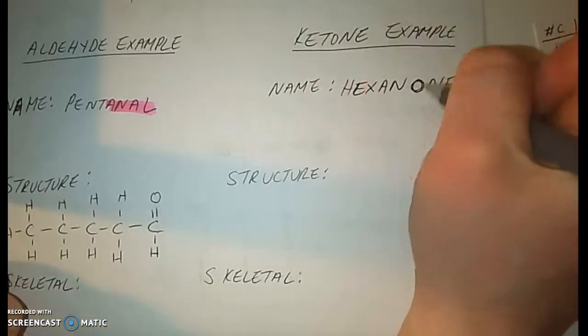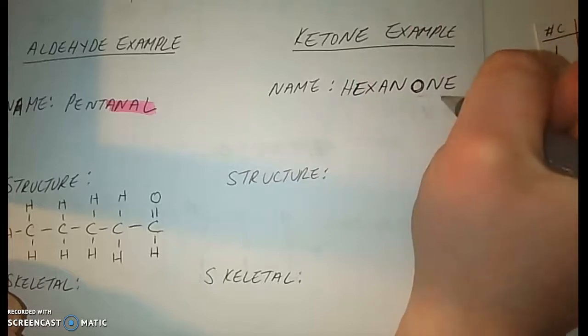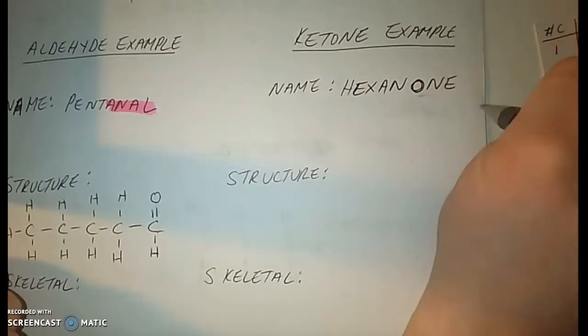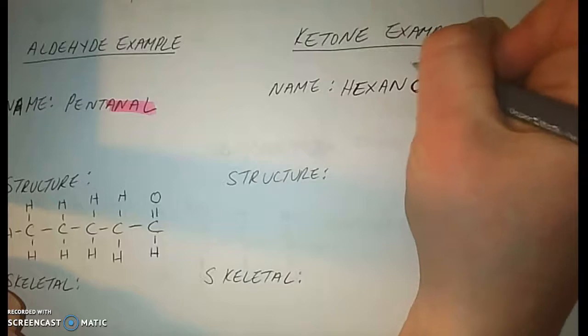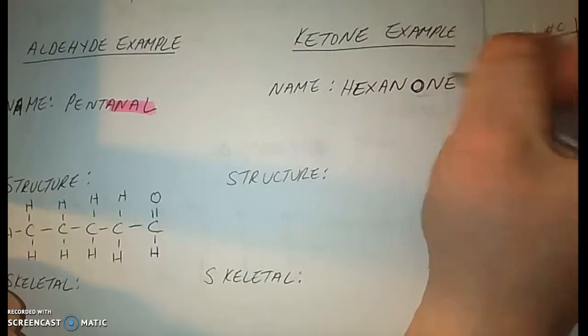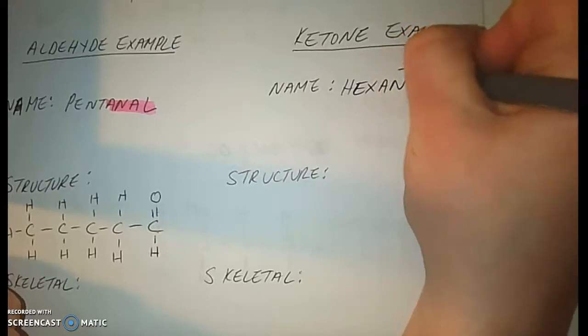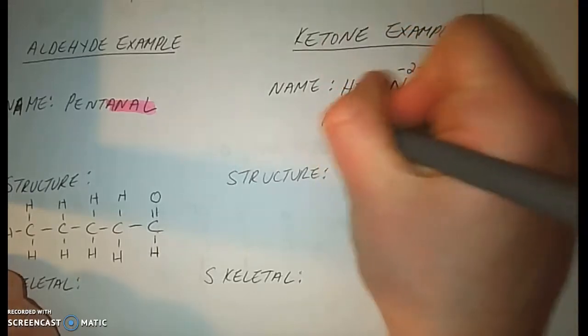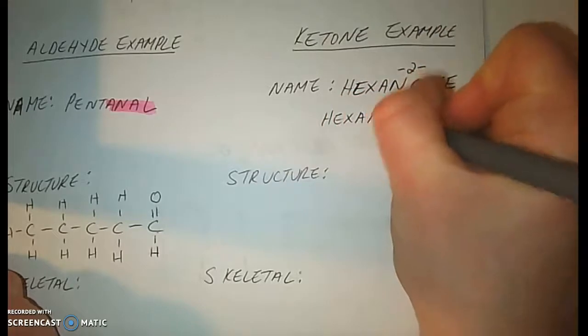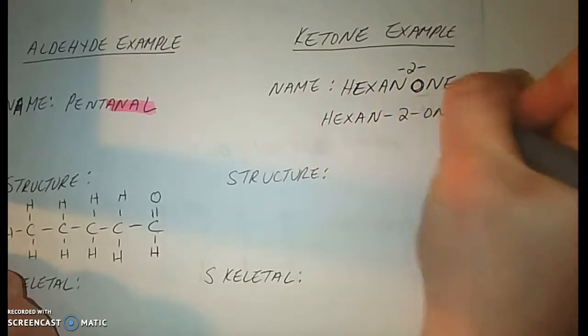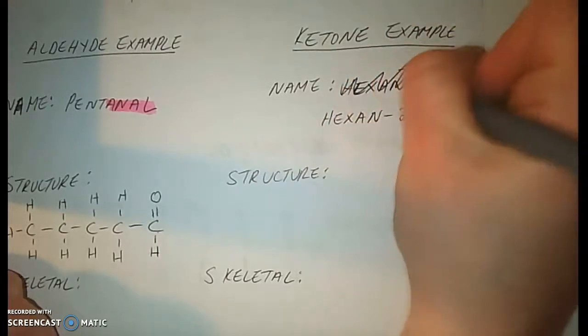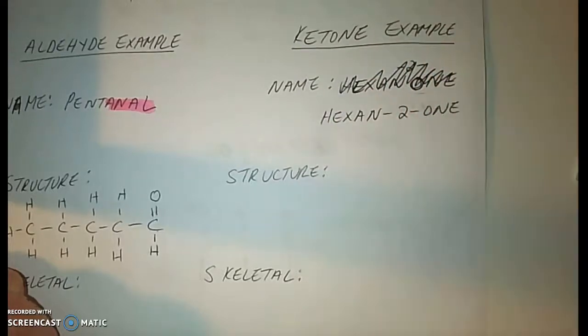So I can't put my ketone group on carbon 1 or carbon 6. But any of the ones in the middle, carbons 2, 3, etc., are fair game. So I'm going to say it's hexan-2-one. Okay, and maybe I'll write that name out again so it looks a little nicer. Hexan-2-one.